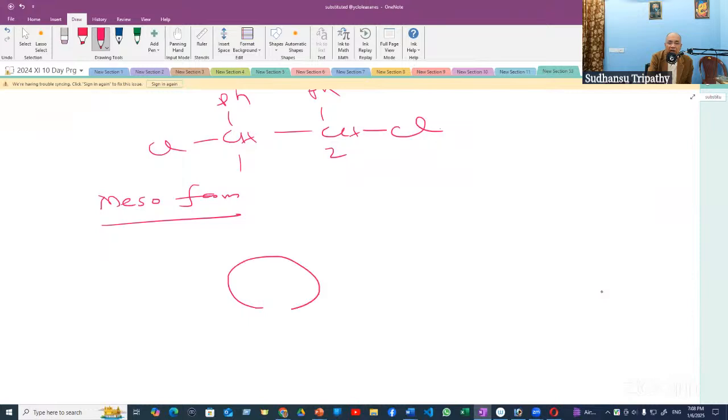Now, let us draw the Newman projection formula, because all are in staggered format. In that, how you write, the identical pairs will remain opposite to each other.